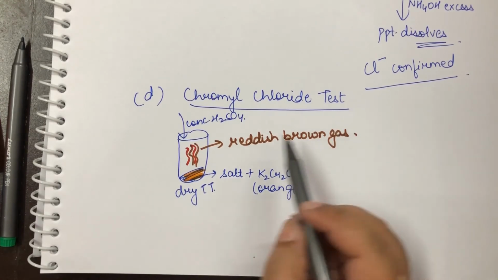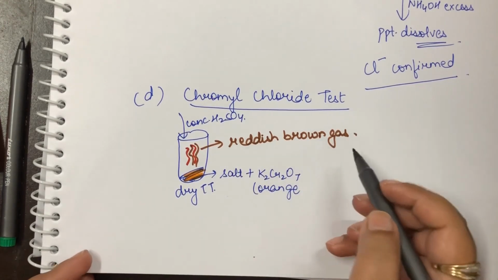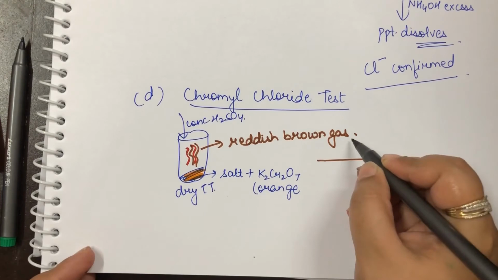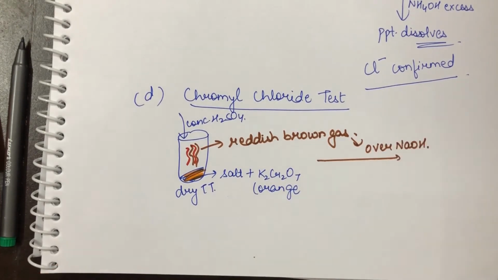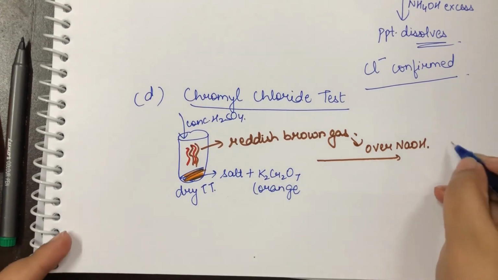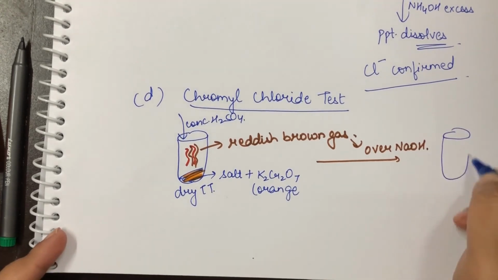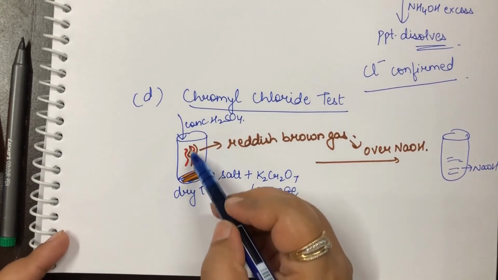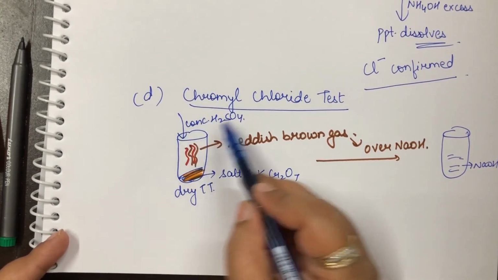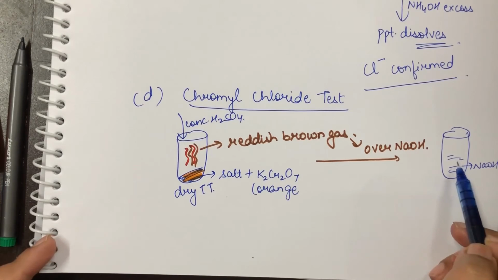Now this reddish brown gas that was released, you have to pass over NaOH solution. I will take a test tube in which I will have NaOH solution, and whatever gas was coming out from this test tube, I'll let it pass over this solution of NaOH.